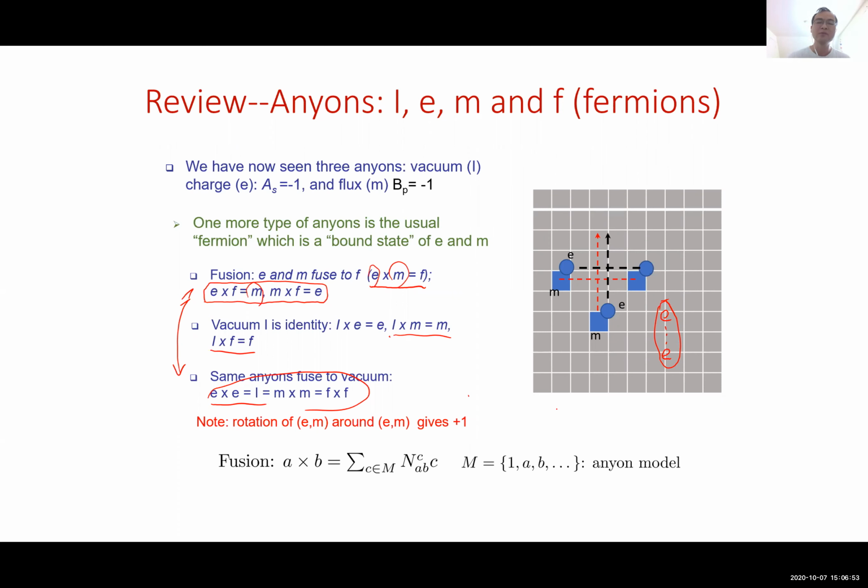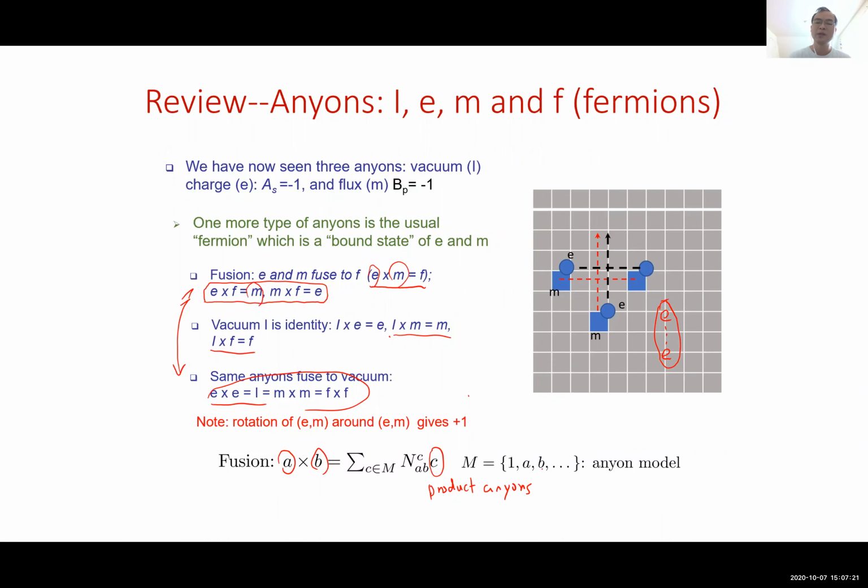So I'm going to introduce, for example, fusions and braiding. So for the fusion, I want to introduce a notation. You have an anyon A and anyon B. Fuse, just use X or the times notation. Fuse A and B, so you can get a few different products of anyons.